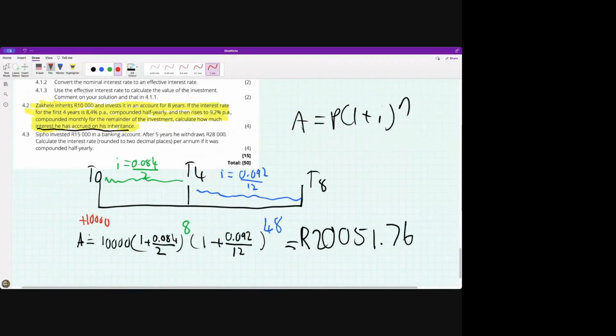And since I started with 10,000, the amount of interest is just going to be that minus 10,000, which is 10,051 and 76 cents. Right.